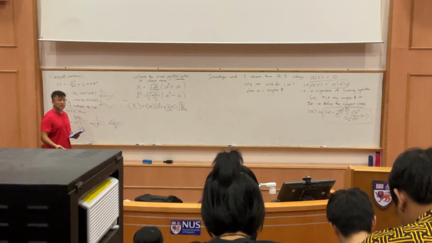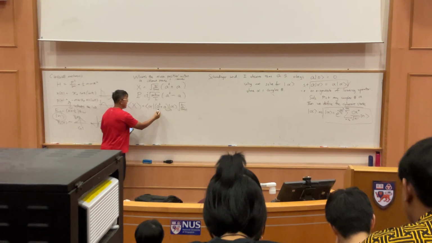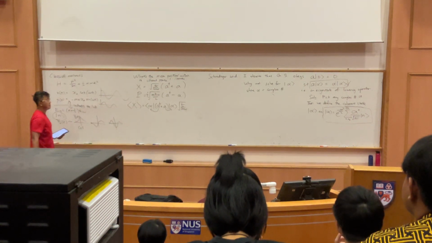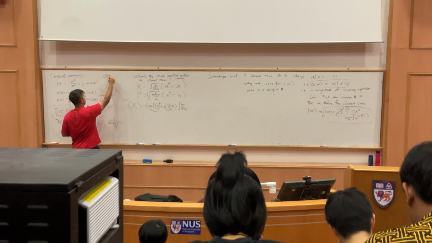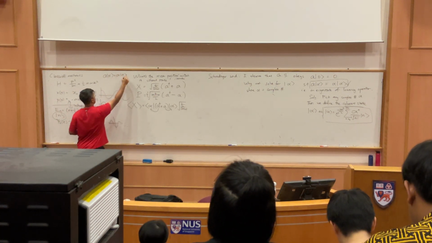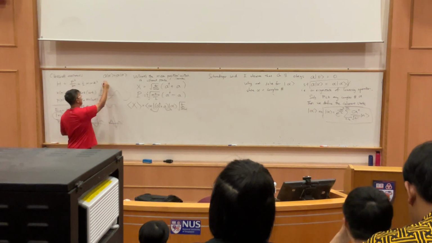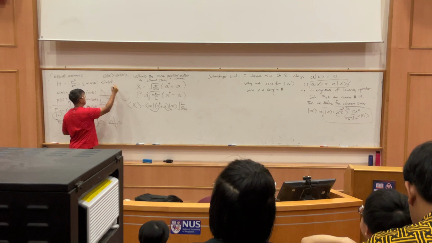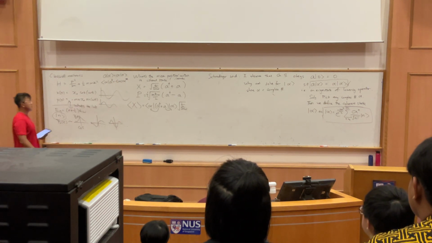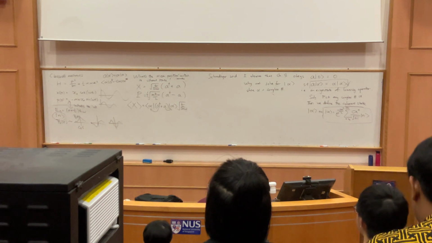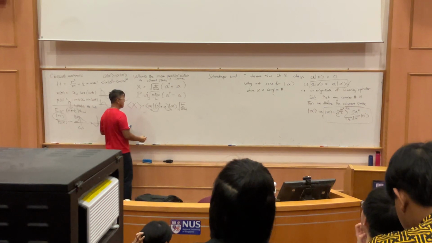So let me write it out. We know by definition that A acting on |alpha> is equal to alpha times |alpha>. I hope you can see the difference in my handwriting between A and alpha. And therefore, <alpha| A dagger is equal to alpha star <alpha|.